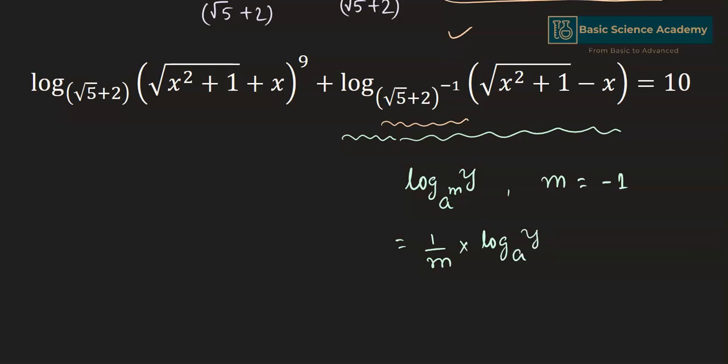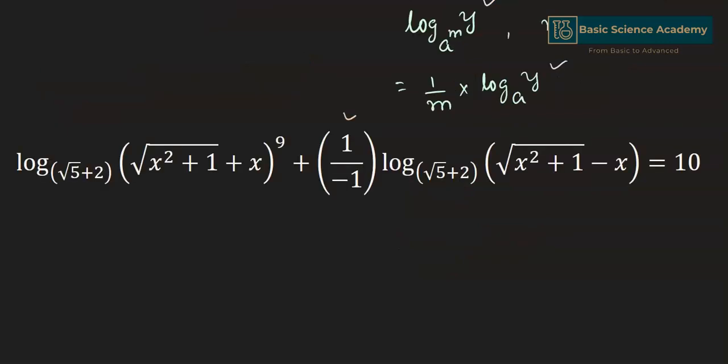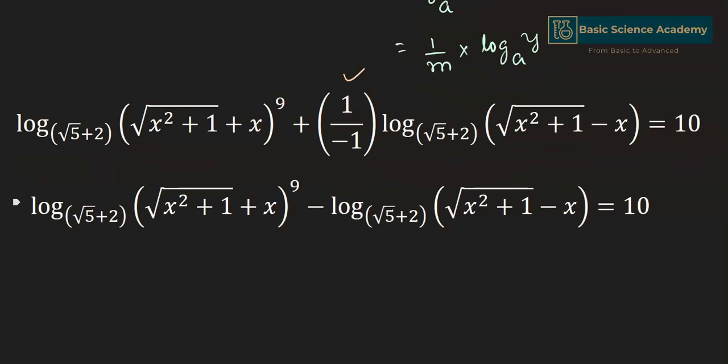Replacing log y to the base a to the power of m by 1 upon m multiplied by log y gives this equation, which we can write as log of square root of x square plus 1 plus x to the power of 9 minus, this plus and minus will become minus here, log of square root of x square plus 1 minus x equals 10.